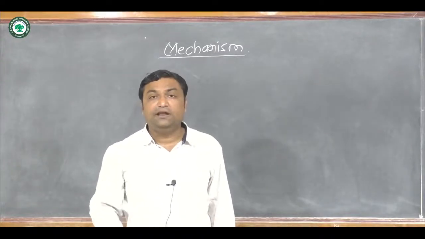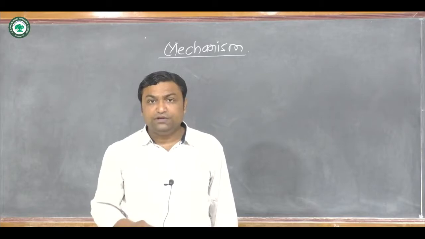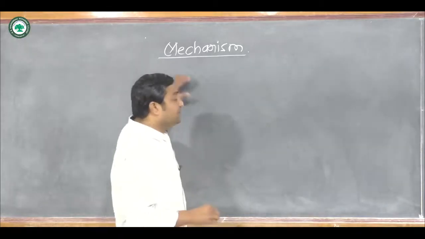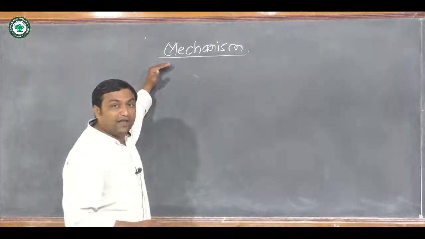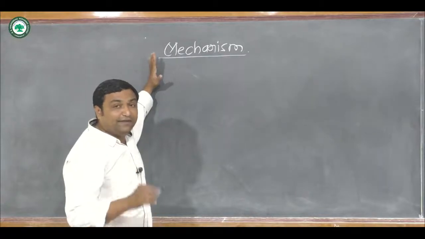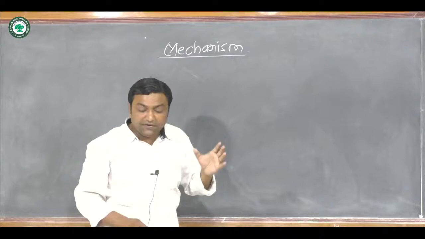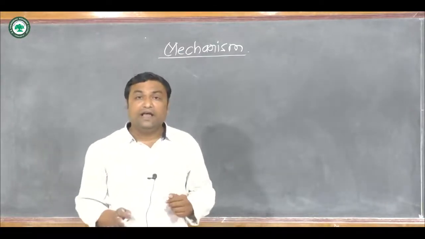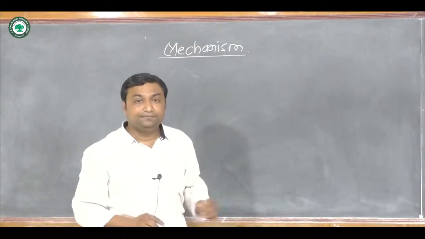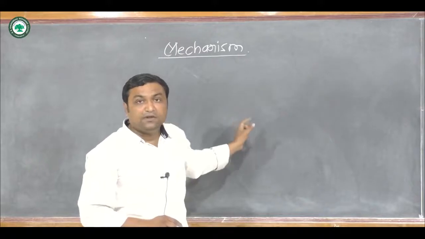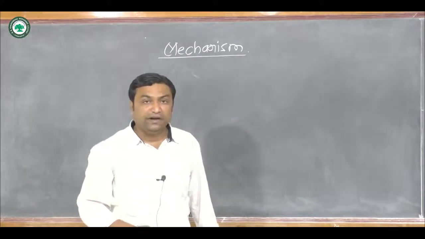Now, in this mechanism, we have to see the first step as well as the second step. The first step of this reaction is nothing but the formation of carbocation, whereas the second step is the attack of nucleophile.